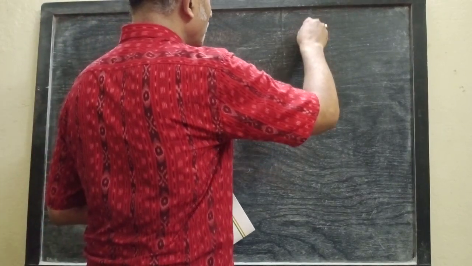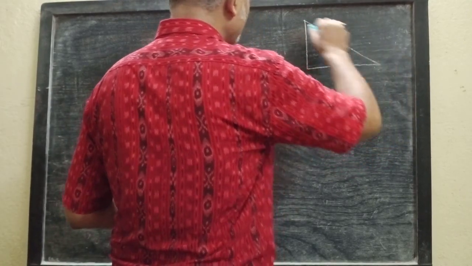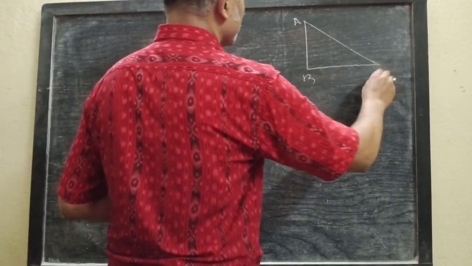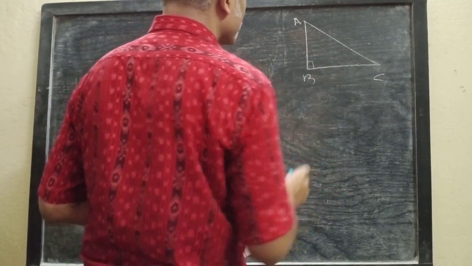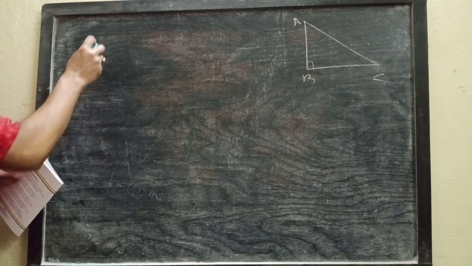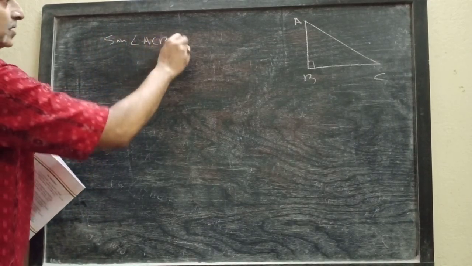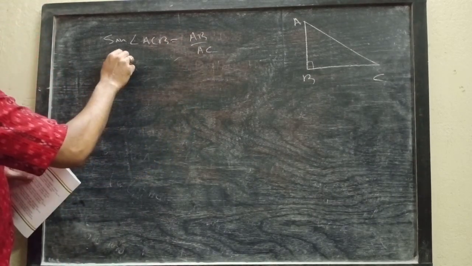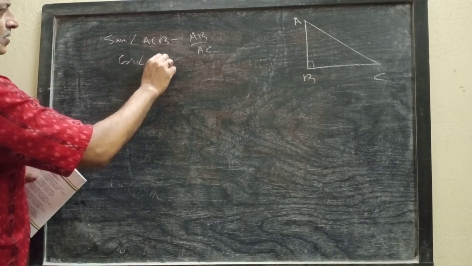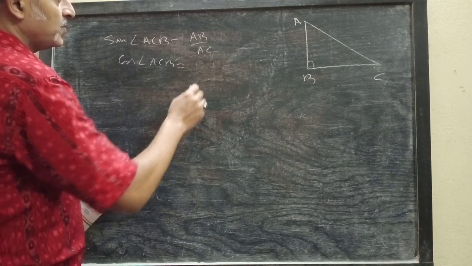Now, let us notice a fact. We have sine angle ACB, that was AB by AC. We have cos angle ACB, that was BC by AC.